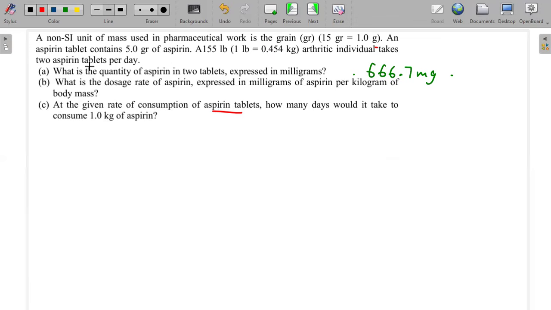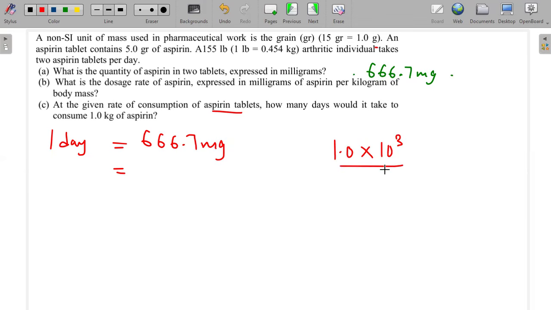So remember, this person per day consumes this amount of aspirin. So I'll say 1 day, this person consumes 666.7 milligrams. What if I have 1 kg of aspirin? It means I have to change this 1 kg to milligrams. So 1.0 times the k there is the same as 10 to the power 3, and then I divide by the m, which is 10 to the power minus 3.